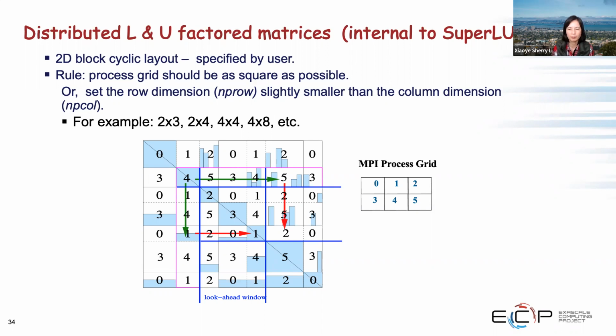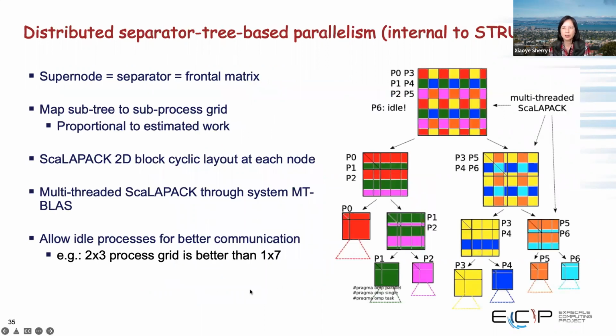It's a lot more complex than distributed compressed row for a matrix that you need to deal with. And similarly for the tree-based multi-frontal code, you can do a similar kind of 2D block cyclic layout. In this case, every separator is a dense submatrix, and then you can divide your processes, say half of them to here and some part of them to the other side, depending on your weight.